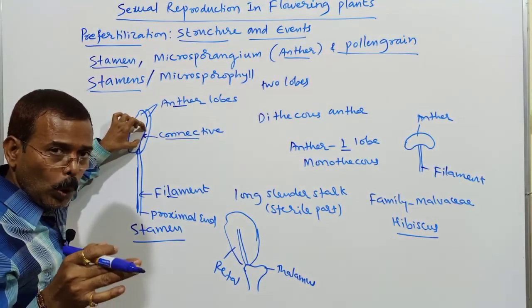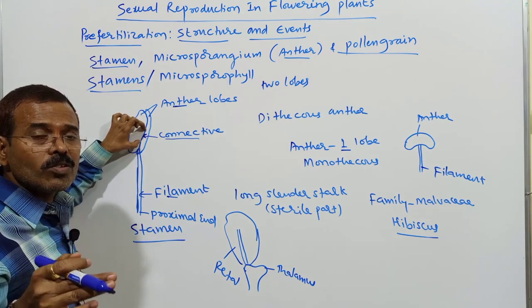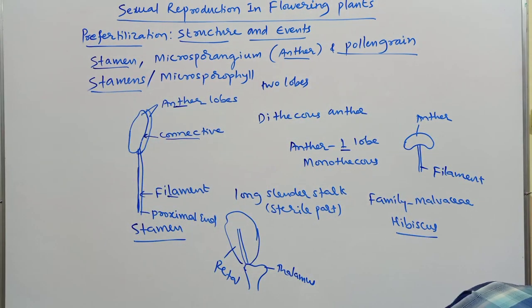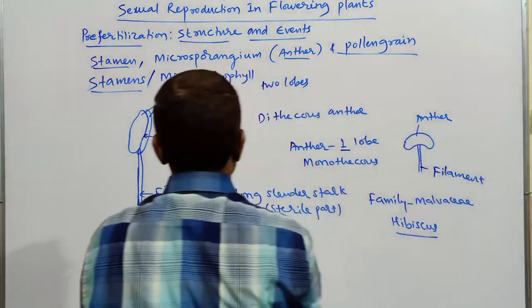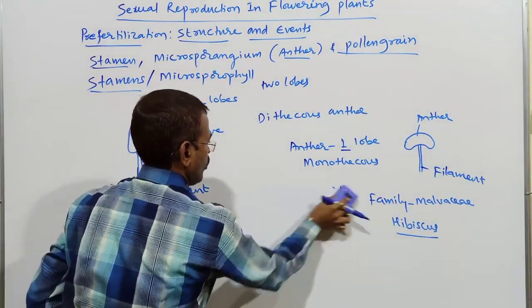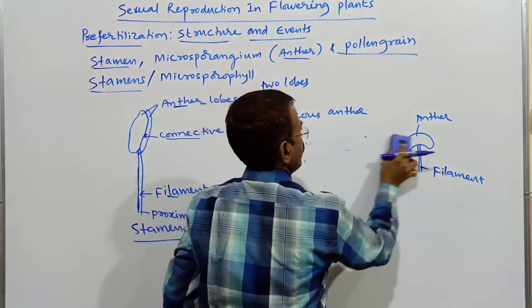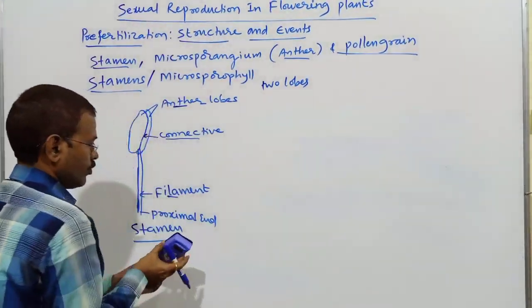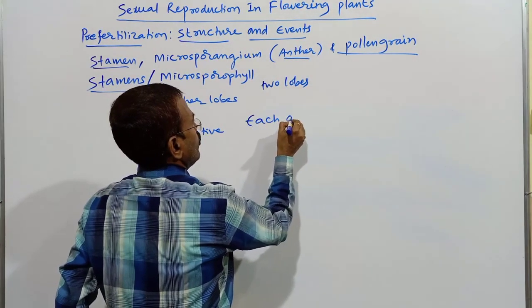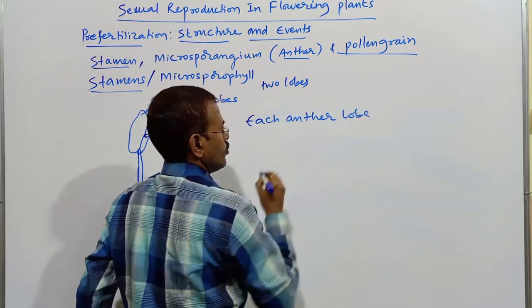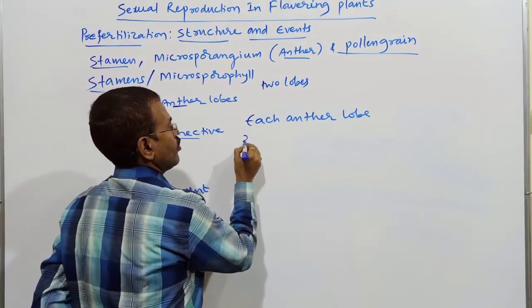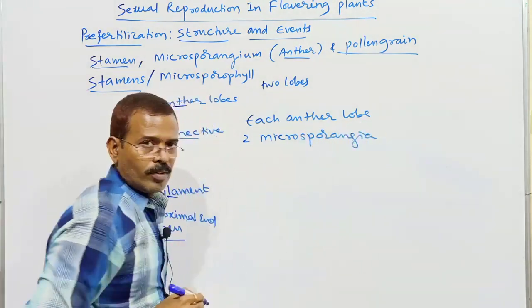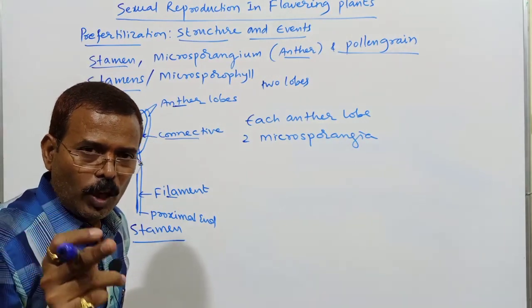Inside that anther lobe, there will be cylindrical structures called microsporangia. Each anther lobe has two microsporangia.